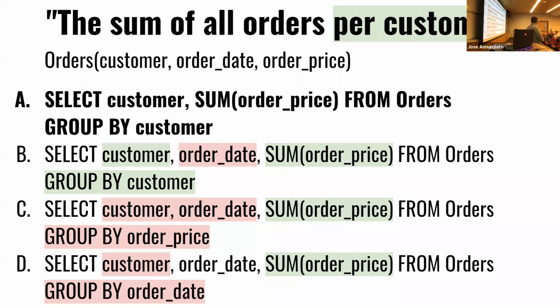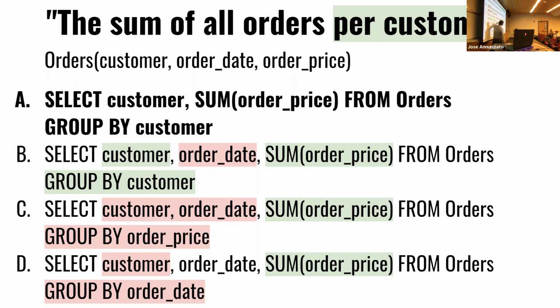So aggregation functions and fields that you've grouped by. This one breaks that, because we have the order date, and the order date is not in the group by, and it's not being aggregated. So definitely that's also why we're throwing this one out, and we're just left with option A.